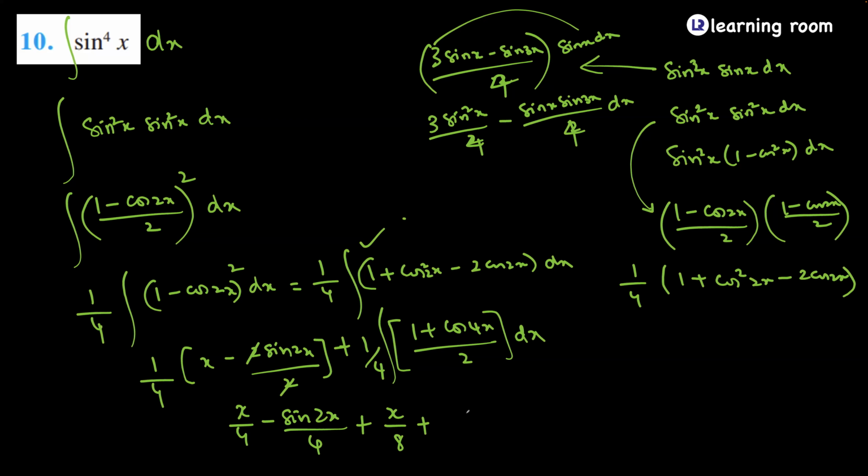So the answer will be sine 4x, and the 4 will get multiplied with 2 and 4. So 4 into 4, 16 into 2 is 32. Plus C. X by 4 plus x by 8 should give you 3x by 8, right? So 3x by 8 minus sine 2x by 4 plus sine 4x by 32 plus C.